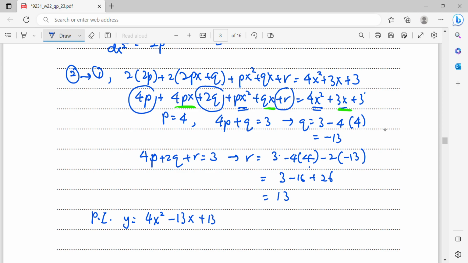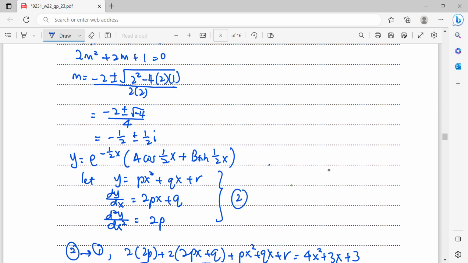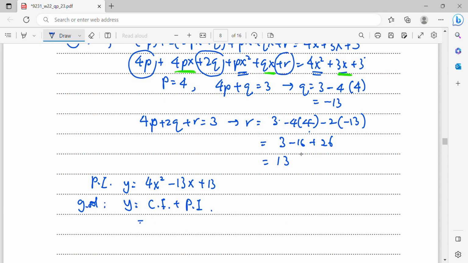Then the general solution, your y is the complementary function plus the particular integral. Our complementary function is this, right? E to the negative half x, a cos half x plus b sine half x, then plus the particular integral, 4x squared minus 13x plus 13. So you get this now.